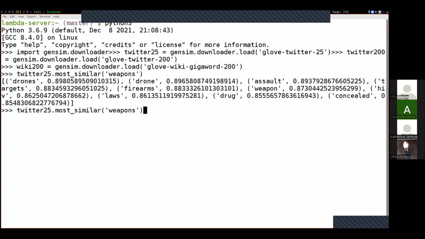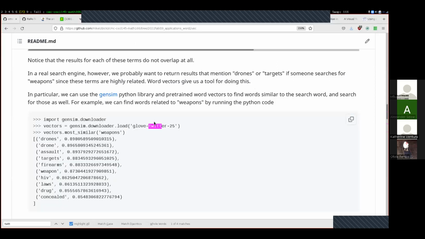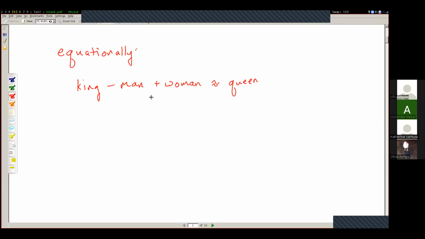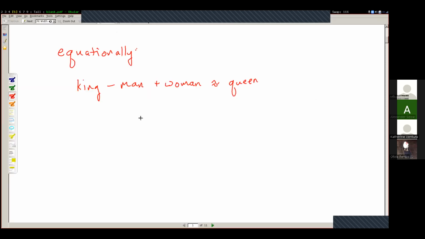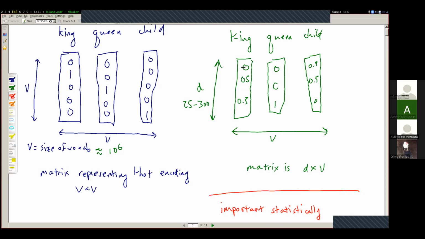What I want us to do though is to do this particular equation, and see how to do an equation like this inside of Gensim and do these computations. So coming back over here, inside of this most_similar function, when you pass in one individual word like this, it looks up that word's representation and then finds the nearest neighbors of that word in this space.